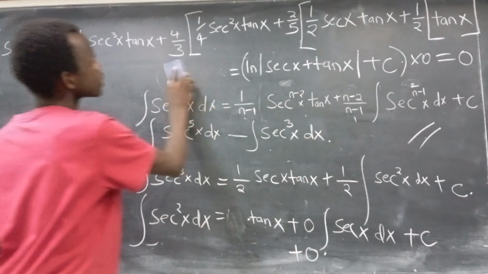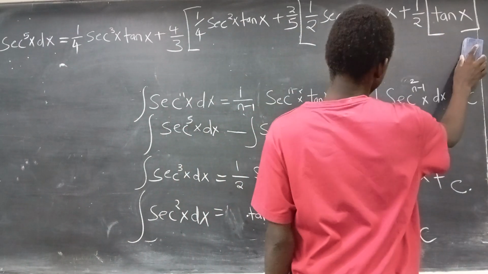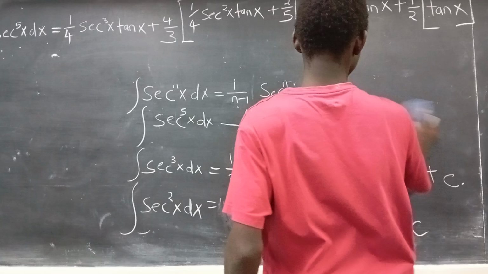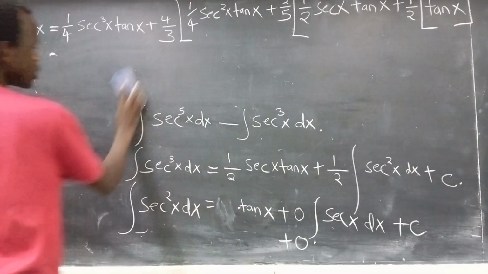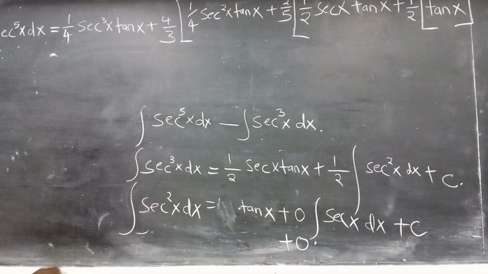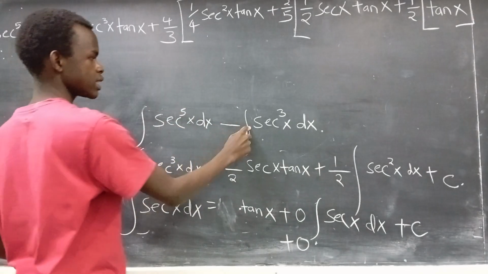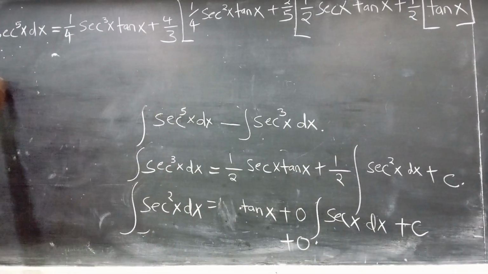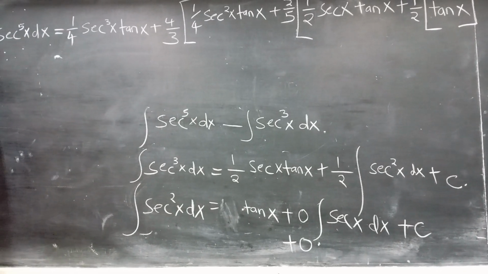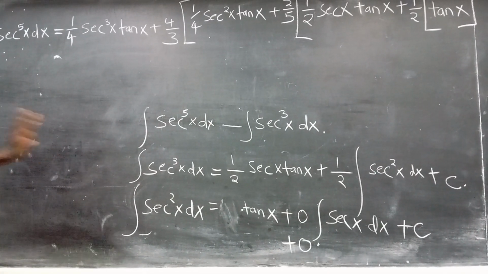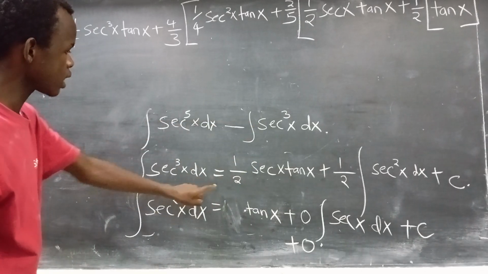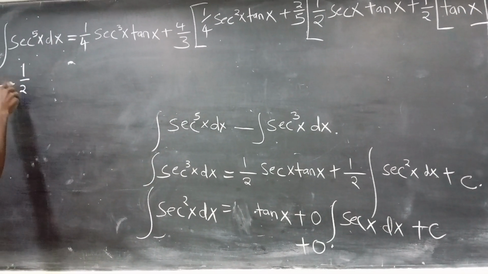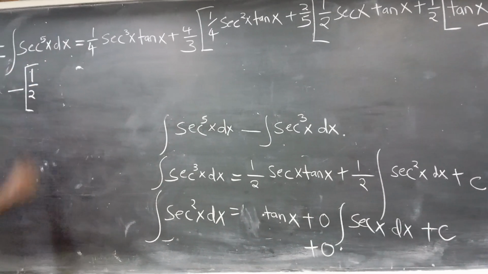So from there, remembering that, we said our integral was secant to the 5 minus secant to the 3 cube. So I'll get my answer to be minus. So this is our final answer. What's secant cubed? Secant cubed is minus a half. So remember the minus opens up the bracket again.